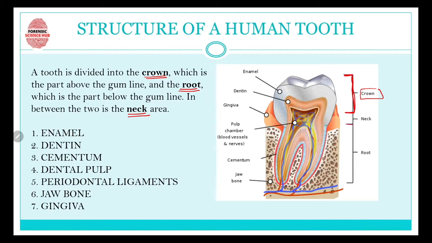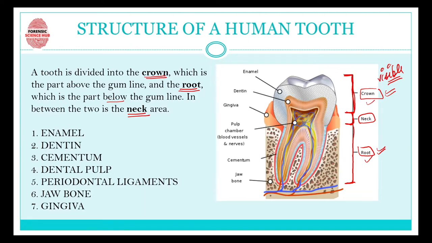Then comes the root area, the lower portion, which is present below the gum line, and in between these 2 areas comes the neck area. So the crown area is basically the visible area, the one that we can see with our eyes. Then comes the neck area, present between the crown and the root, and then the root area, present under the gum.